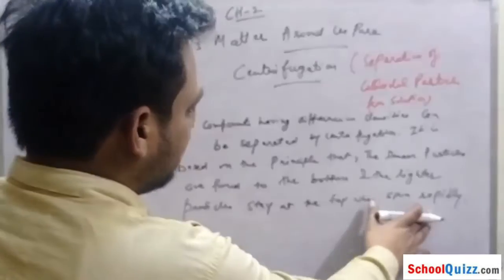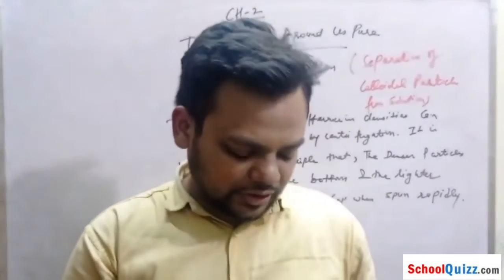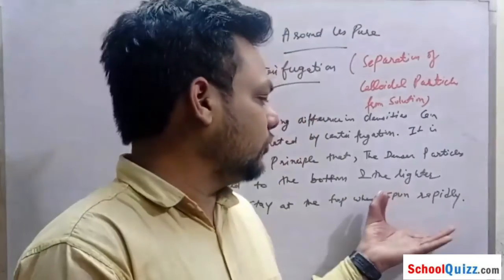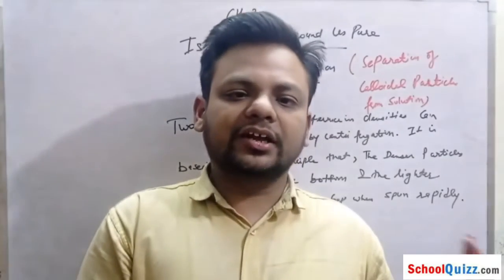That is centrifugation. When we spin it very fast, they get separated out. And centrifugal force means the force which acts radially outward.